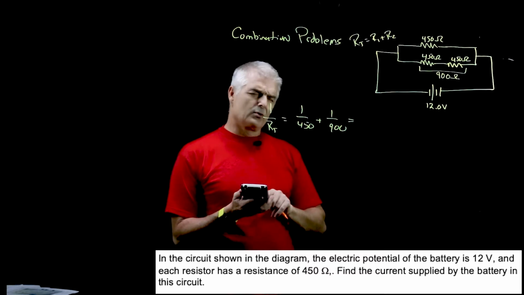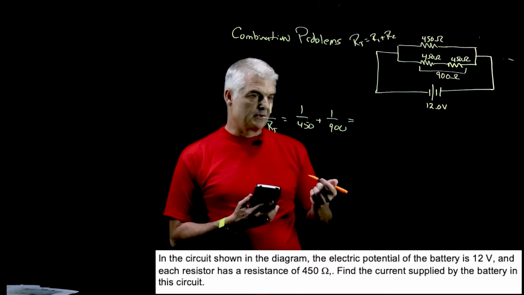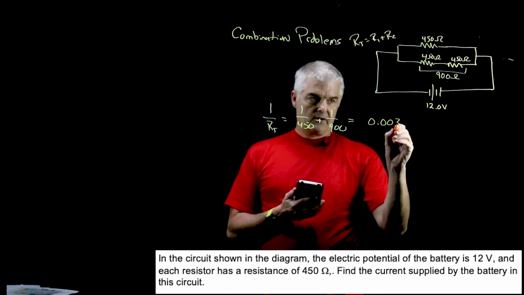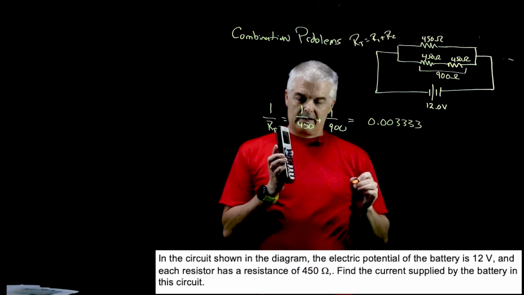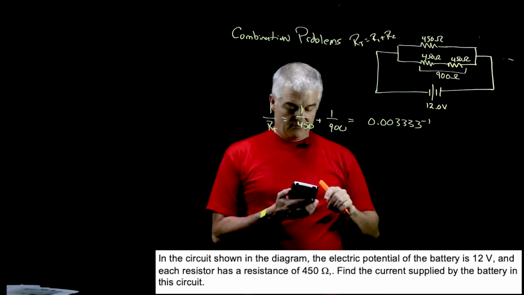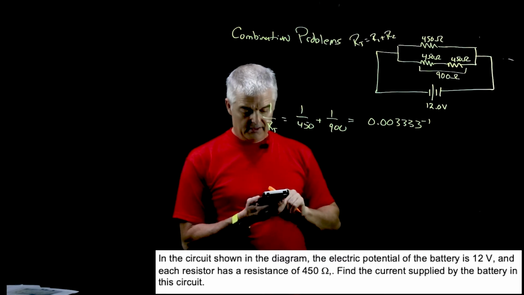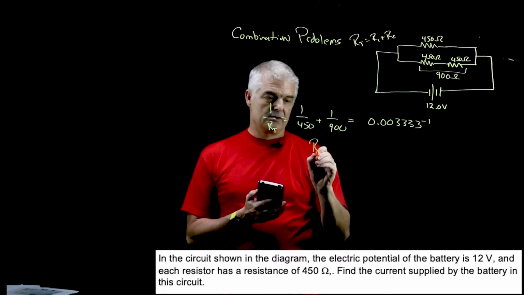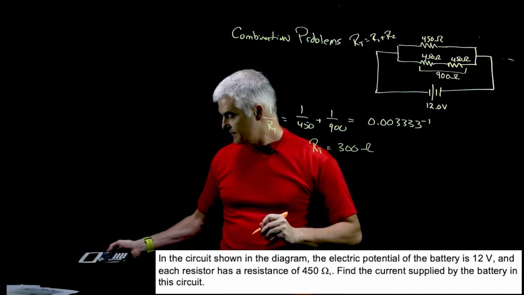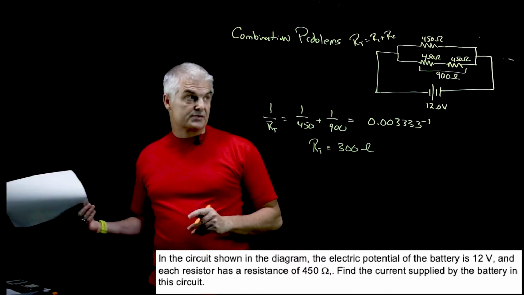It knows order of operations, so you don't have to put parentheses and junk like that. And I get 0.0033333. But remember, that's 1 over R total, so I take it to the -1 power, caret -1, and I get R total to be 300 ohms. So that is the total resistance.